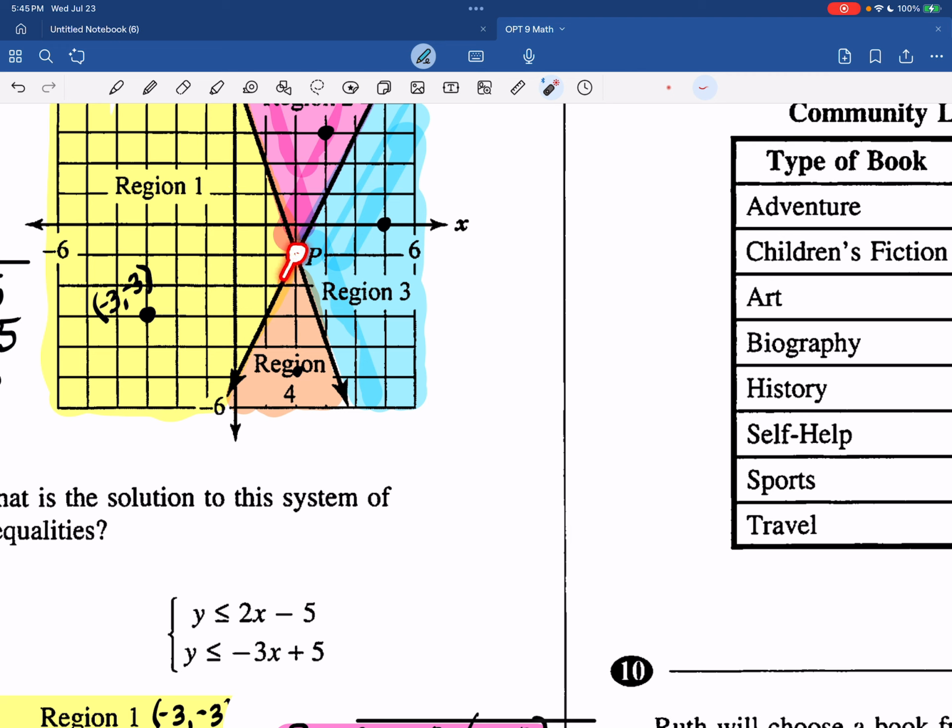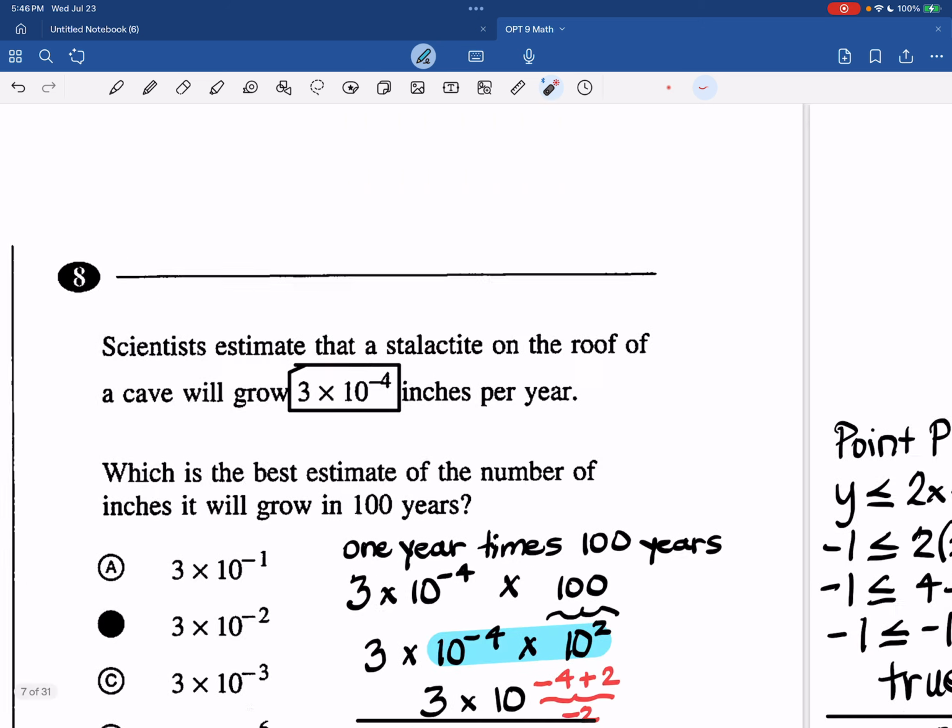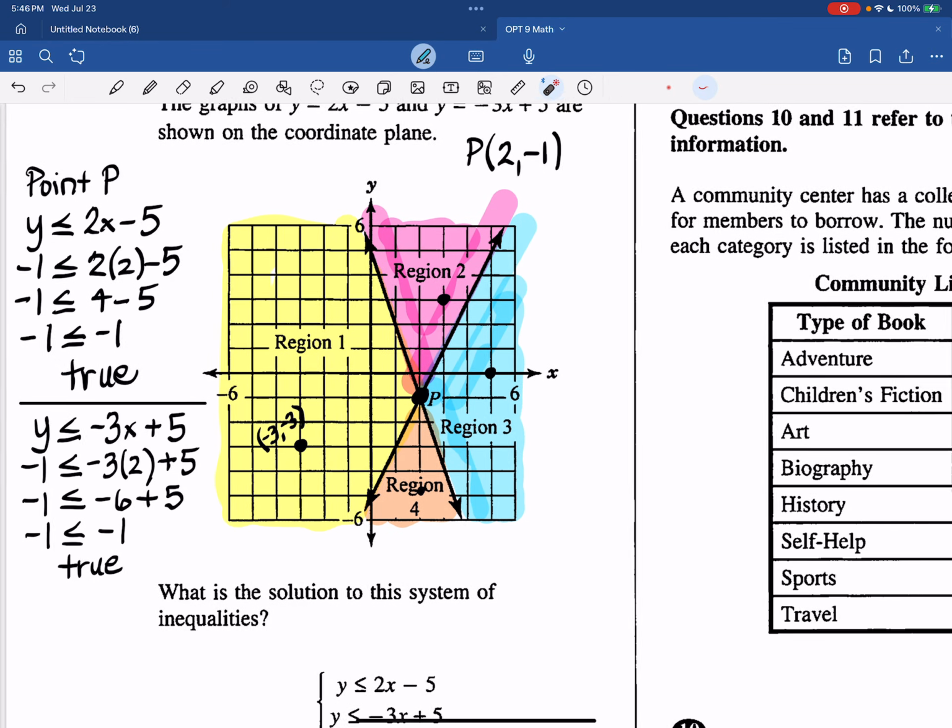It's, in a sense, part of region 4. But there are things other than point P that work. Anything in this orange section should make true on both accounts, but that whole section is in the solution set for both of these. So even though point P works, it's true in both scenarios.